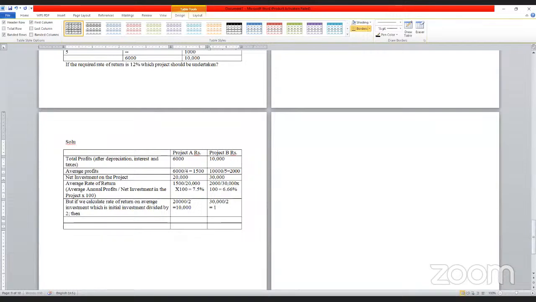That is 15,000 rupees. Or we can say, now this will be the average investment, right? Now we'll calculate.